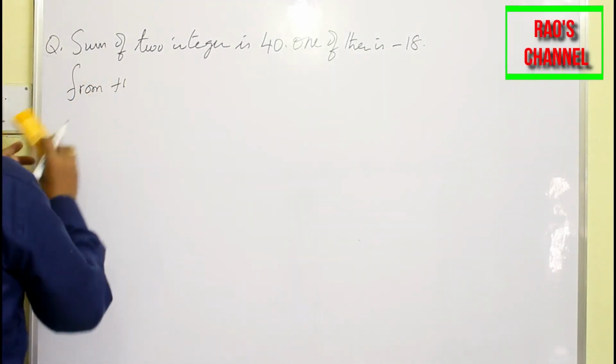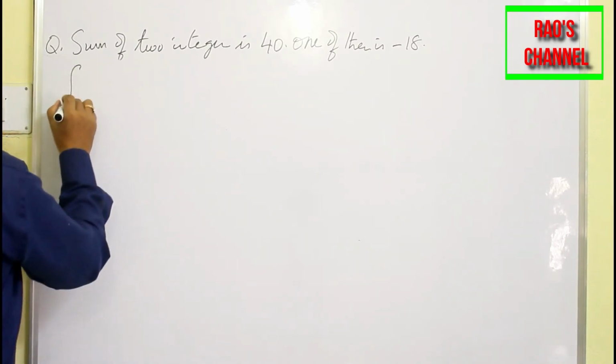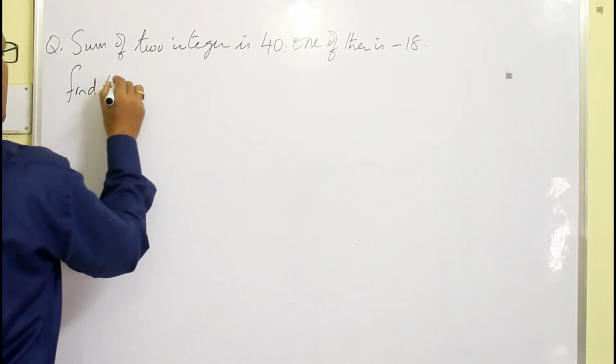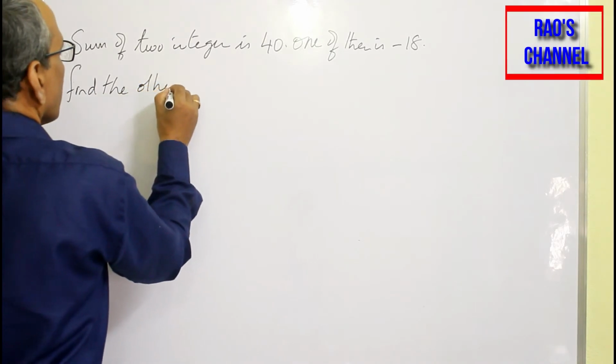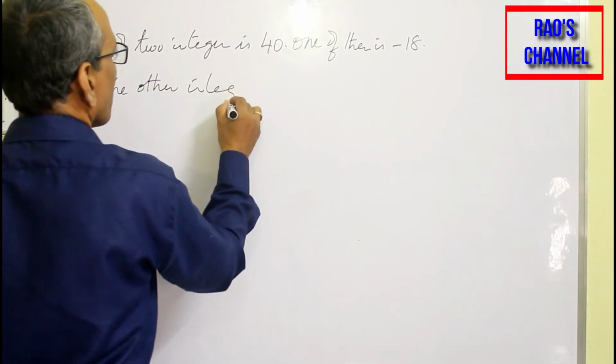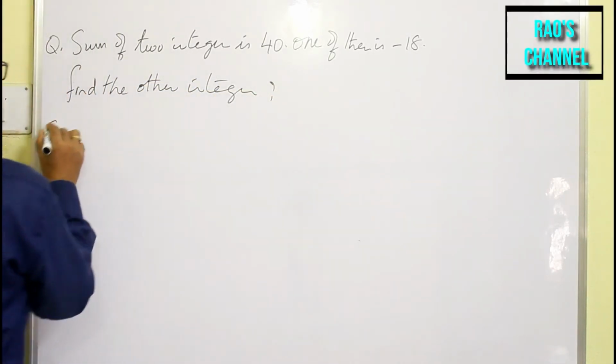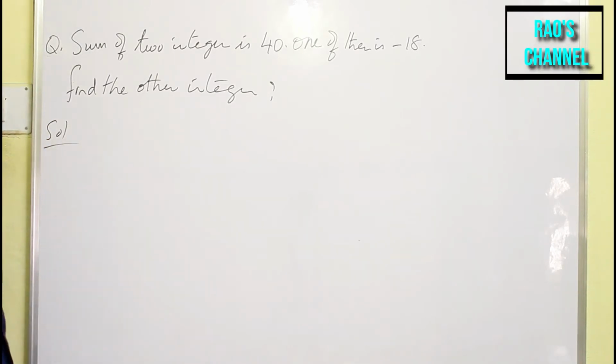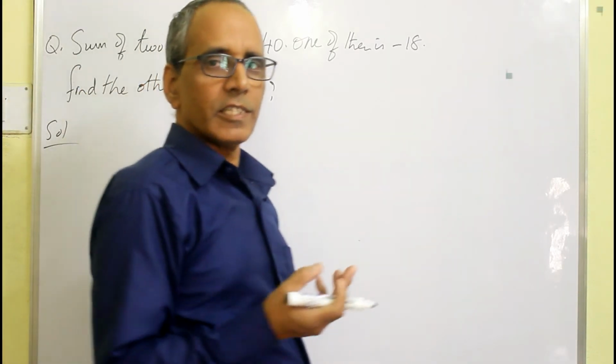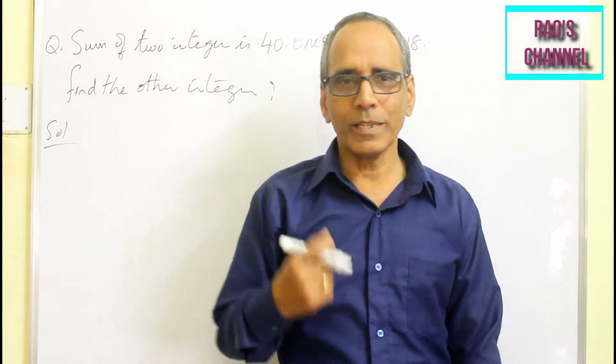Find the other. That means the other integer. We have the sum and one of the integers. The other integer, of course, by subtraction.